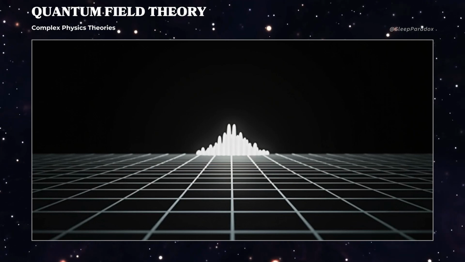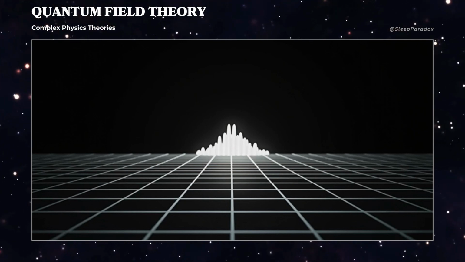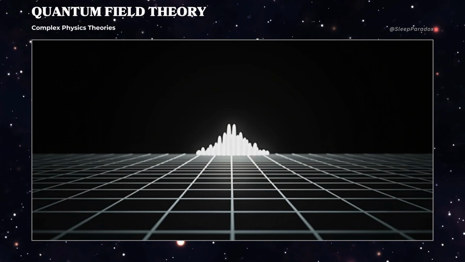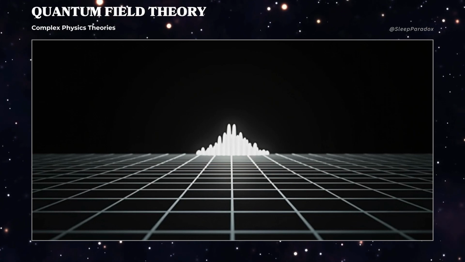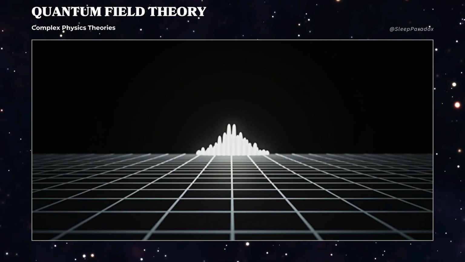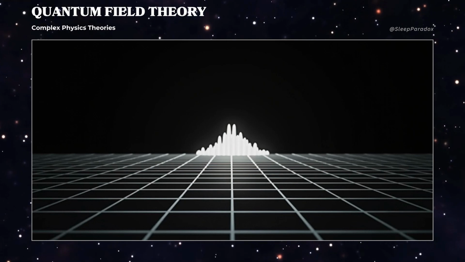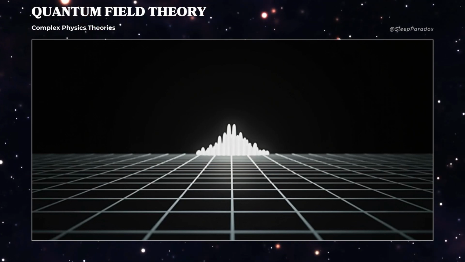Quantum field theory also leads to strange consequences, such as the idea that empty space is not really empty. Even in a perfect vacuum, the fields continue to fluctuate. These fluctuations give rise to what is called vacuum energy, a subtle but measurable effect that contributes to phenomena like the Casimir effect, and may even play a role in the expansion of the universe.